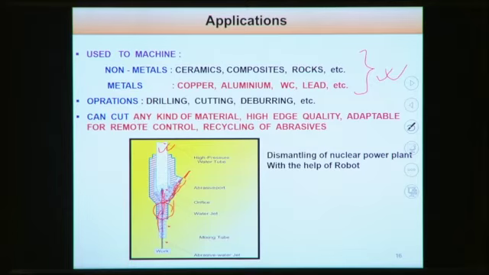In this mixing chamber, these dry dehumidified abrasive particles will mix with the water jet. After that it will come through this nozzle and hit the workpiece surface here. So centrally the high pressurized water jet is delivered, and from the side the abrasive particles are delivered.